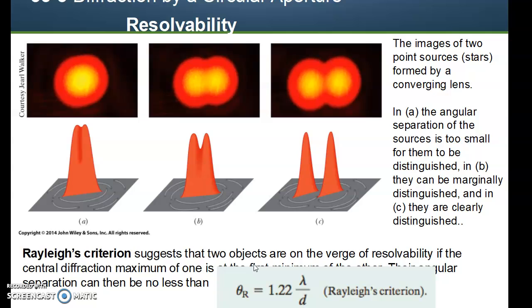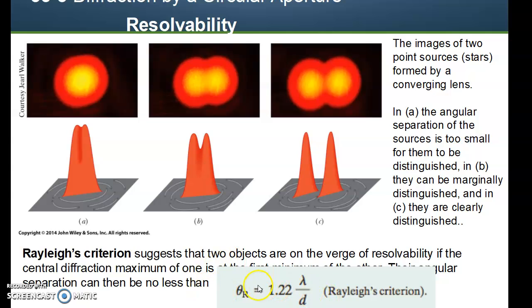Now, Rayleigh's criterion suggests that two objects are on the verge of resolvability if the central diffraction maximum of one is at the first minimum of the other. So you have the angular separation of 1.22 lambda over d. This turns out to be Rayleigh's criterion.